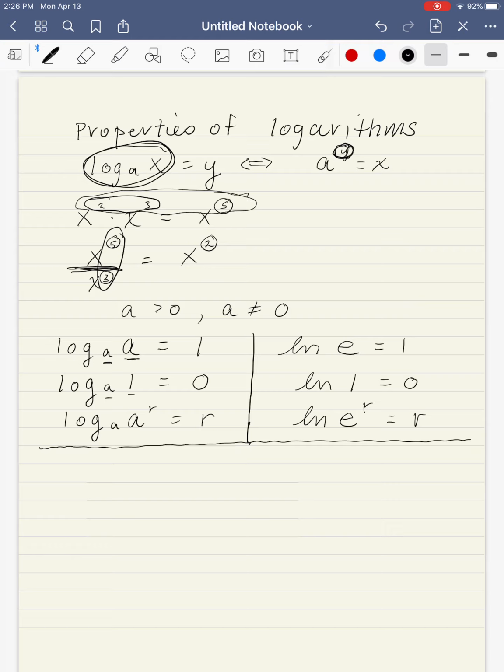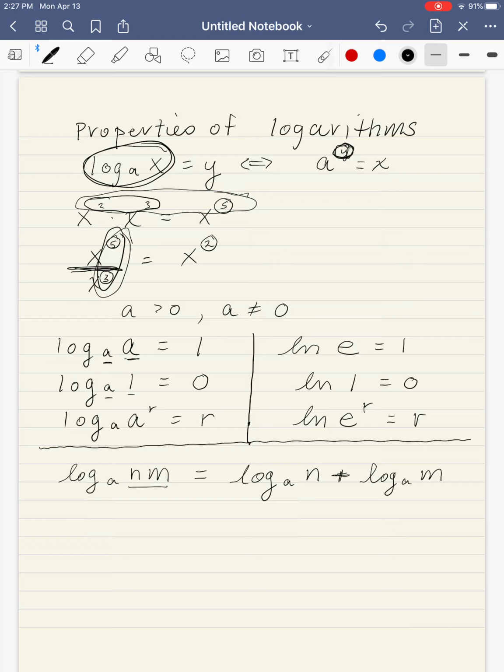All right, let's think back to what we saw up here with addition of exponents for multiplication and subtraction of exponents for division. If I have a logarithm base a of n times m, that's going to turn out to be the same thing as the logarithm base a of n plus another logarithm base a of m.